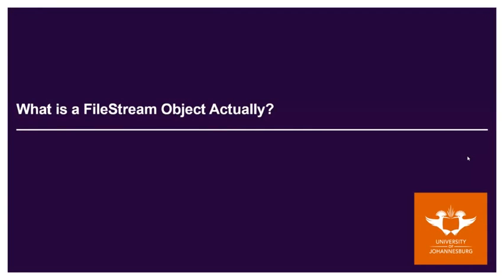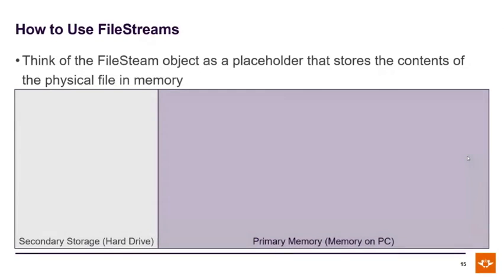But now, what is a FileStream object actually? How do we work with it? So think about a FileStream object as a placeholder that stores the content of the physical file in memory. So remember we spoke about your secondary storage and your primary storage?